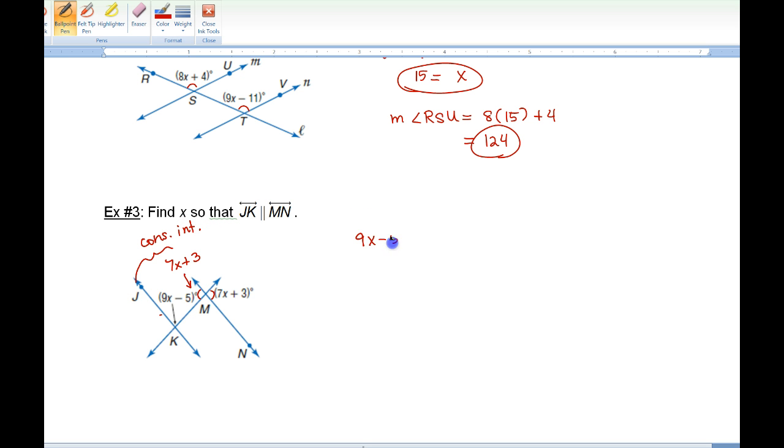So I have 9x minus 5 plus 7x plus 3 equals 180. So we get 16x minus 2 equals 180. So 16x equals 182, and we get 11.375.